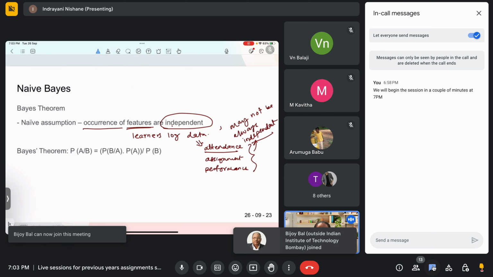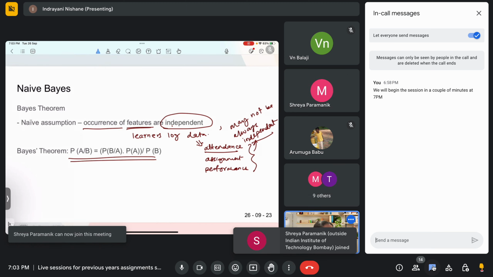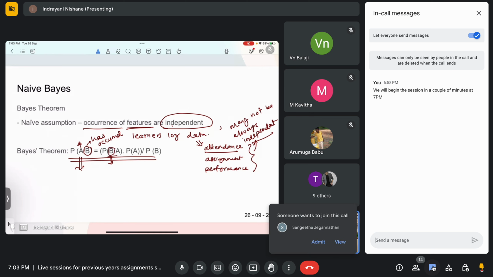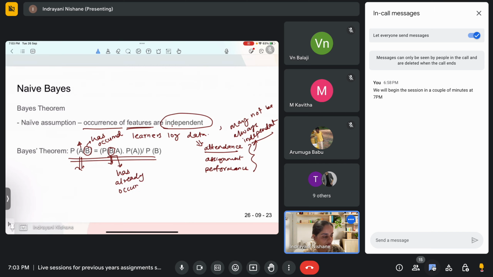So we will be using this particular theorem to do probability calculations. If you can recall from previous classes, this is conditional probability: the probability of event A given B has already occurred. Similarly, this is the probability of B occurring when A has already occurred. So this is nothing but conditional probability.